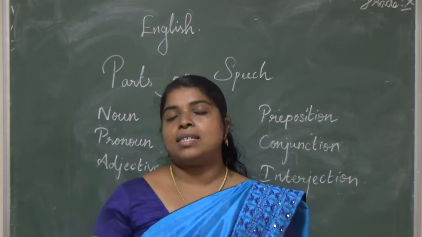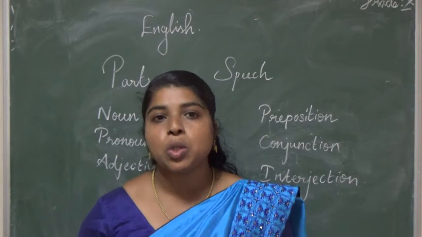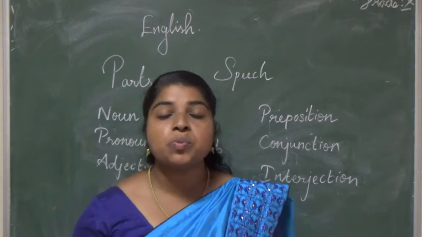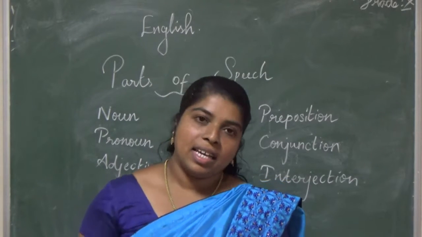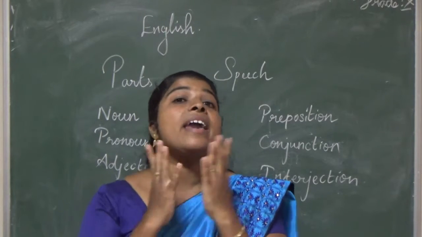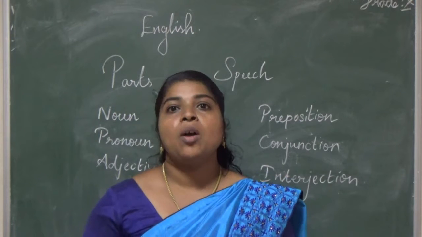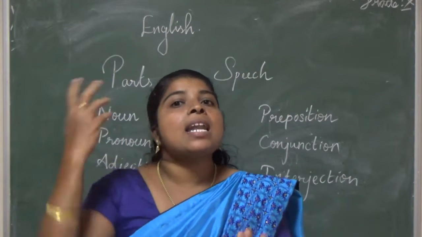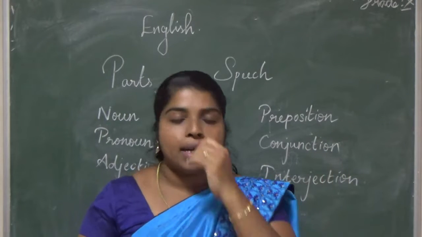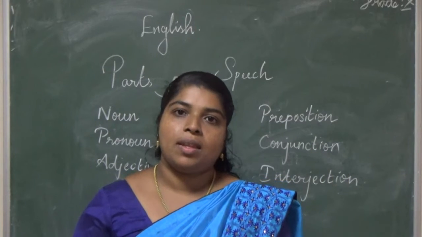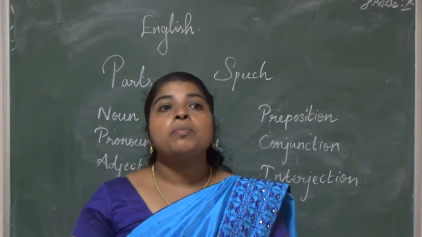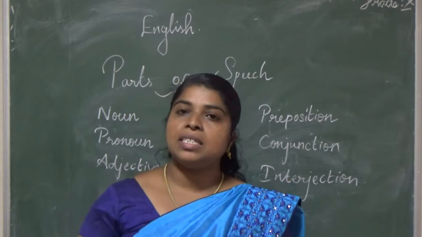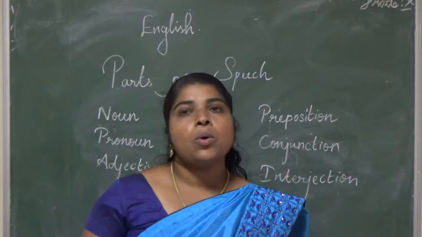Got it? Yes. Next, the last one, the eighth one, is interjection. Have you ever heard this word? Yes, interjection. Interjections are exclamatory words. Wow, whoa. Some exclamatory words like that all come under interjection. Wow, what a beautiful scene it is! Then wow is the interjection.